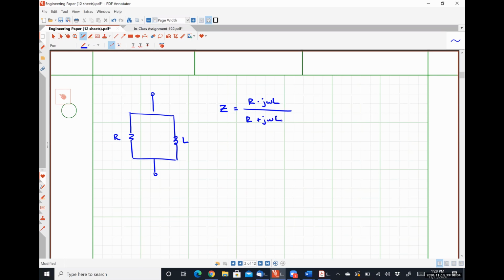In the numerator is the product and in the denominator is the sum. I'm going to multiply this by R minus J omega L divided by R minus J omega L, which is just a fancy way of expressing the number 1, since it has the same numerator and same denominator.